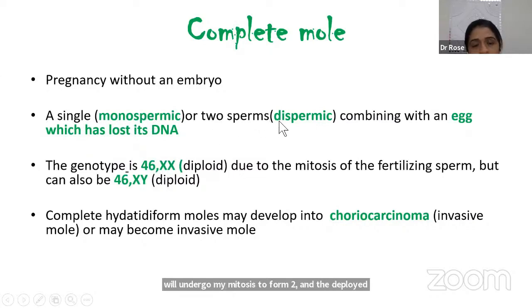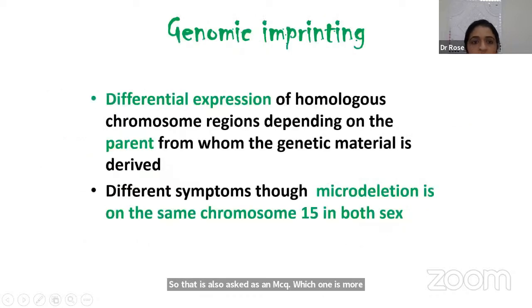And if there are two sperms also, the diploid number will be maintained because there is no chromosomal contribution from the oocyte. And it is the complete hydatidiform mole which develops into choriocarcinoma or invasive mole. So that is also asked as an MCQ. Which one is more prone to formation of choriocarcinoma or invasive mole?